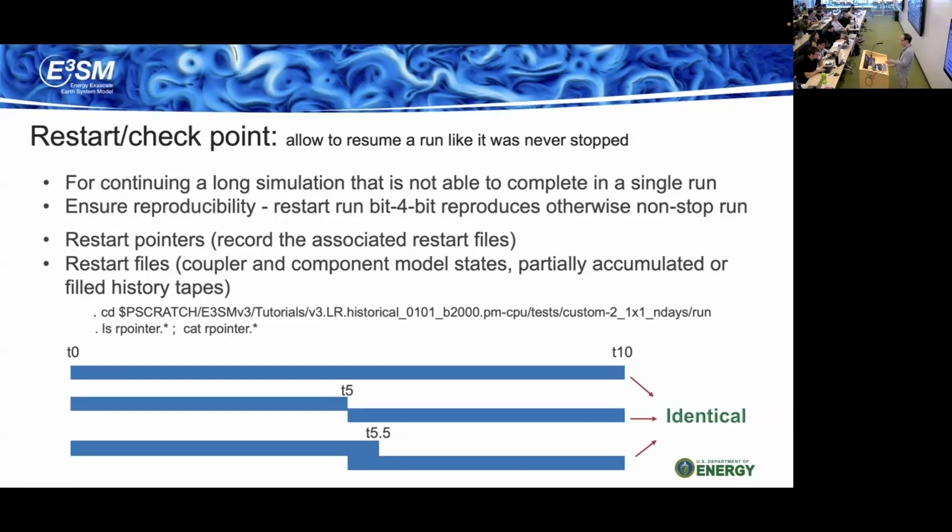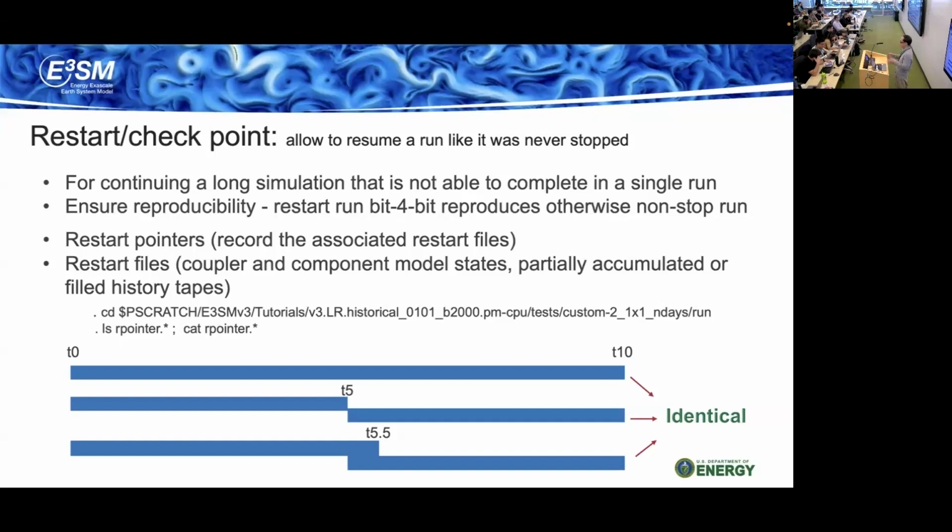For our model in particular, for each restart we have the restart point with the rpointer files and the associated rpointer file. You can check in your run case directory. Each rpointer file will also have the file name for each component that the model starts from at that point, and it also includes the history files. A history file could be partially accumulated.